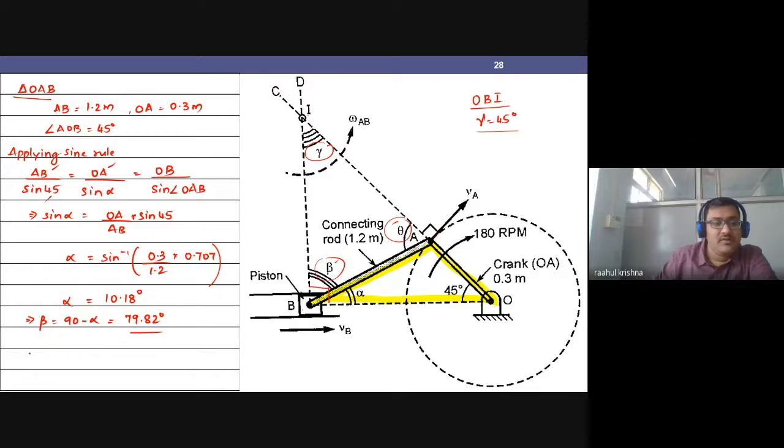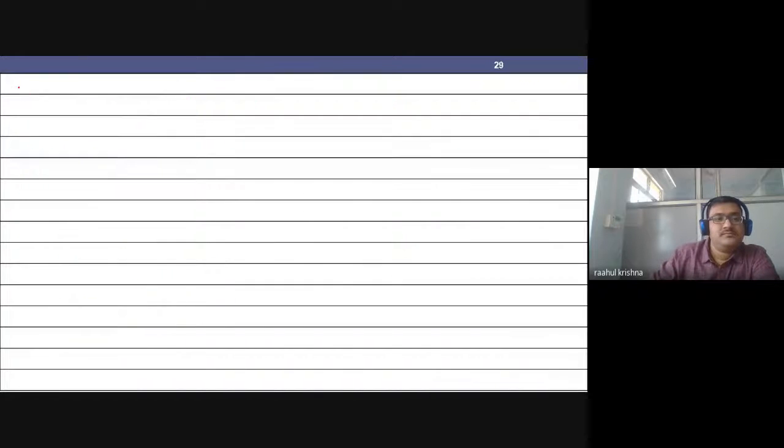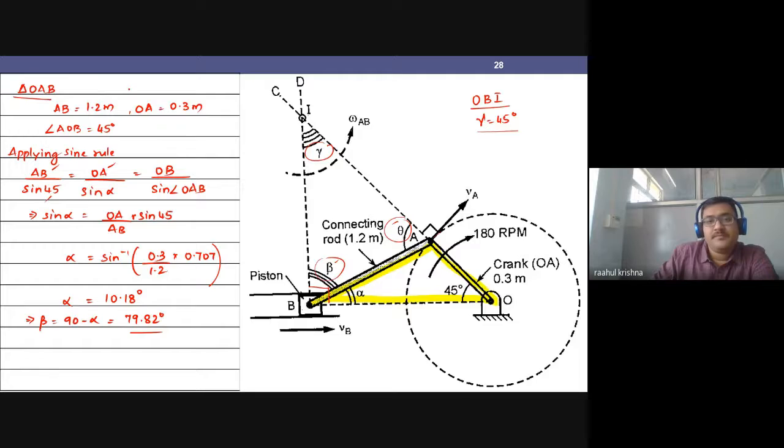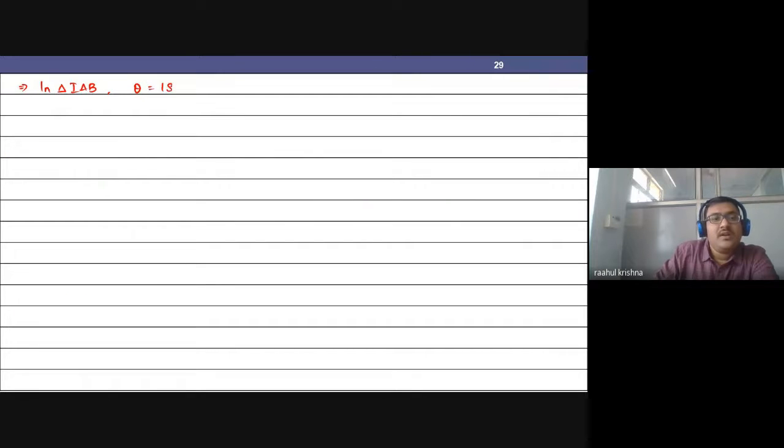Okay, and I have, in triangle IAB, theta equal to 180 minus beta minus gamma, right?